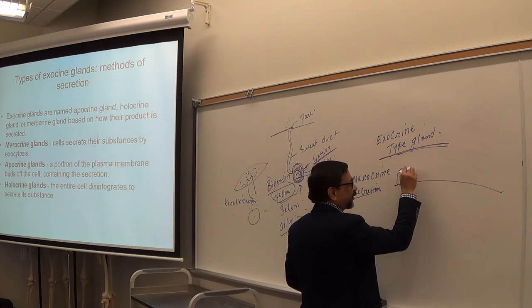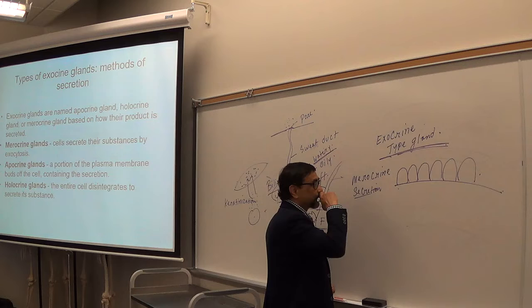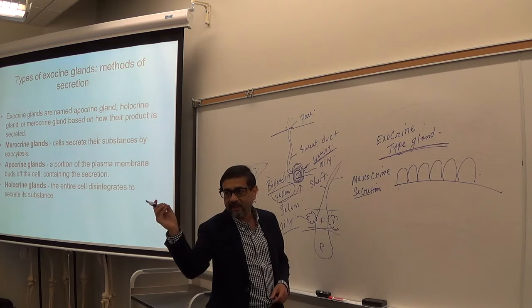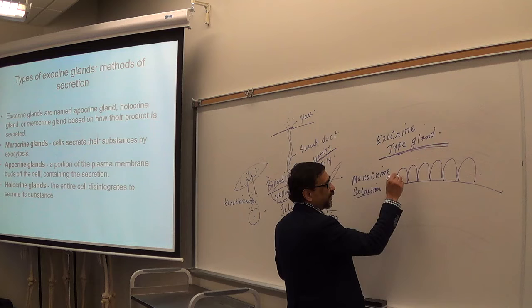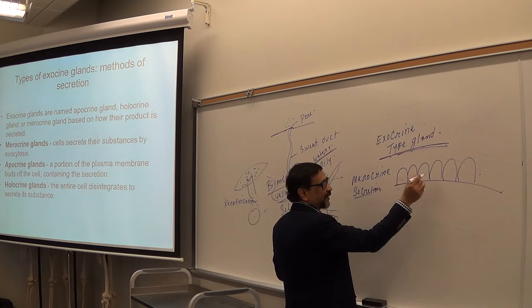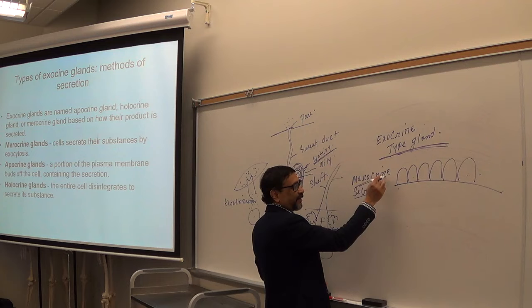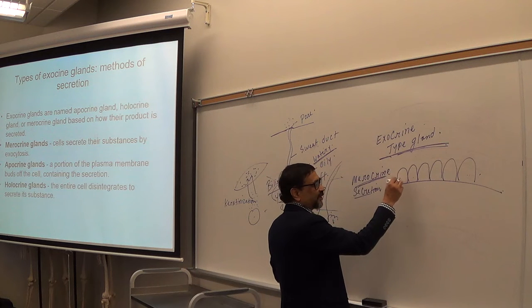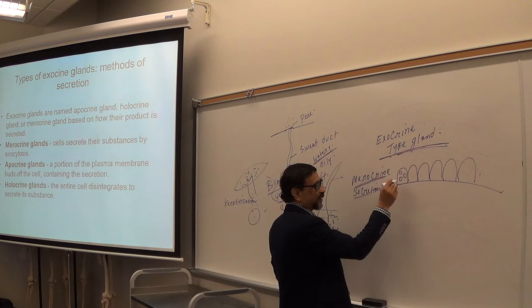These are the cells of your gland. Most of the glands have cuboidal cells, cubical shape. Anyway, so these are the cells of the gland. And in case of merocrine, what happens? Inside the cells, vesicles are formed. So these are the vesicles.